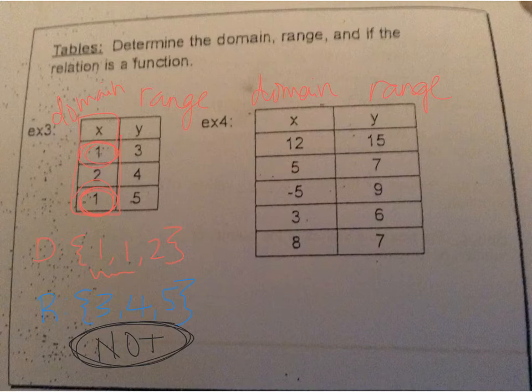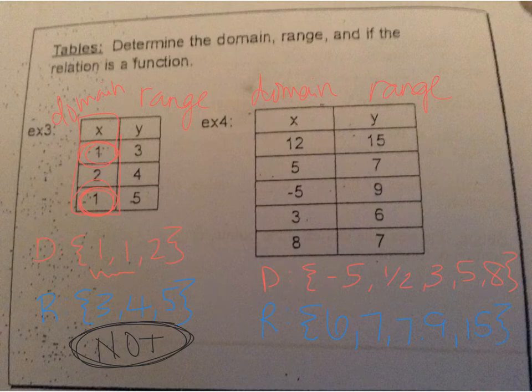Alright, example 4. The domain is the first column, so in order from smallest to biggest, that would be -5, 1/2, 3, 5, and 8. The range would be the second column, or the y's, which in smallest to biggest order would be 6, 7, 7, 9, and 15.